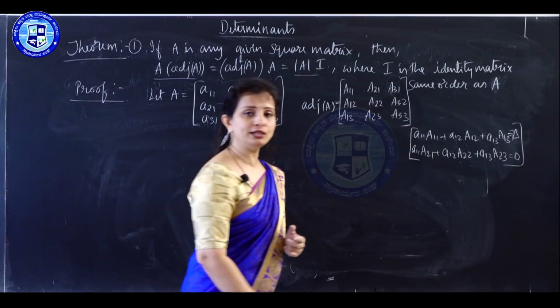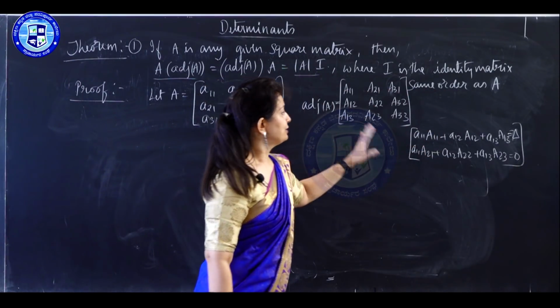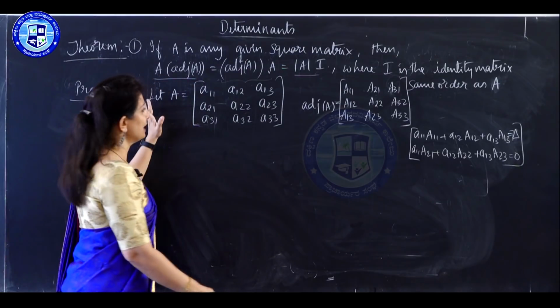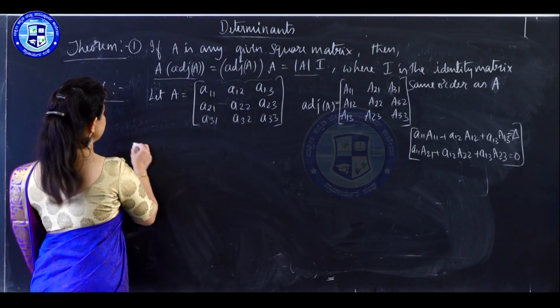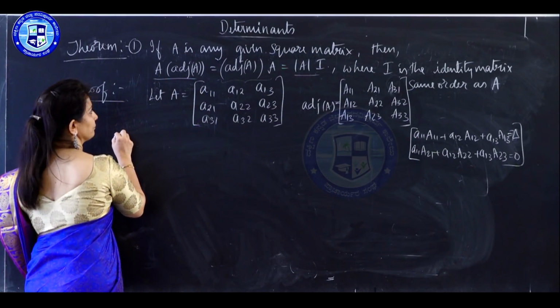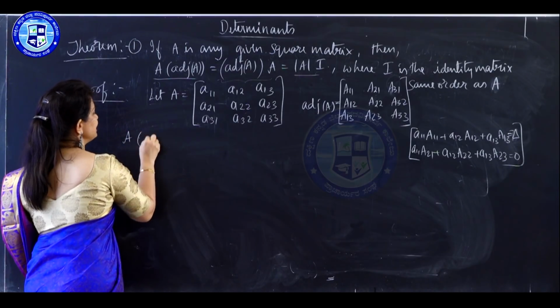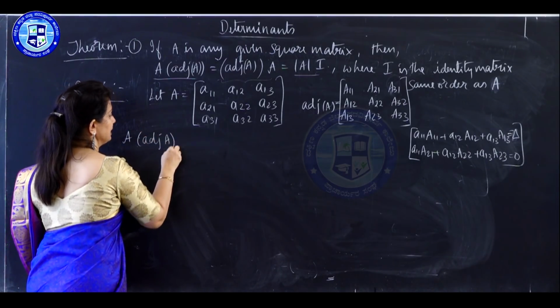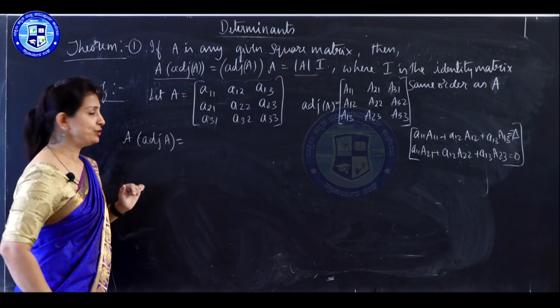These are the two conclusions we have to apply here. Okay. Now, first we will consider what is A into adjoint A.